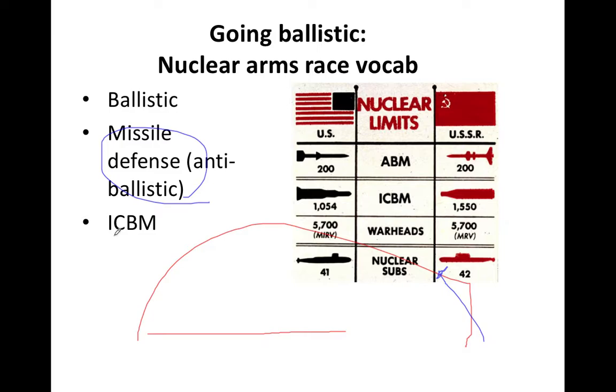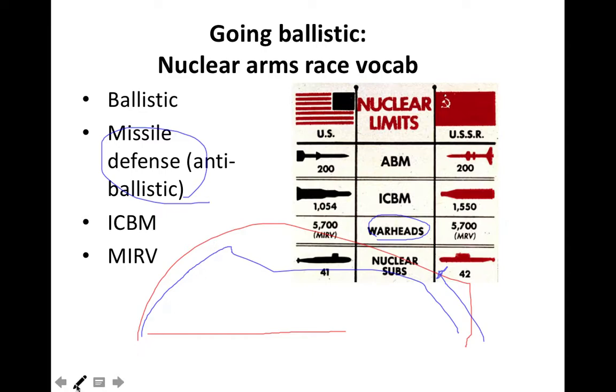ICBM stands for Intercontinental Ballistic Missile, and those are missiles that could be shot from one continent, say North America, over to Europe or Africa or Asia or something like that. And on each missile, you would have nuclear warheads. In the 60s, they developed a technology to put more than one warhead on each missile.